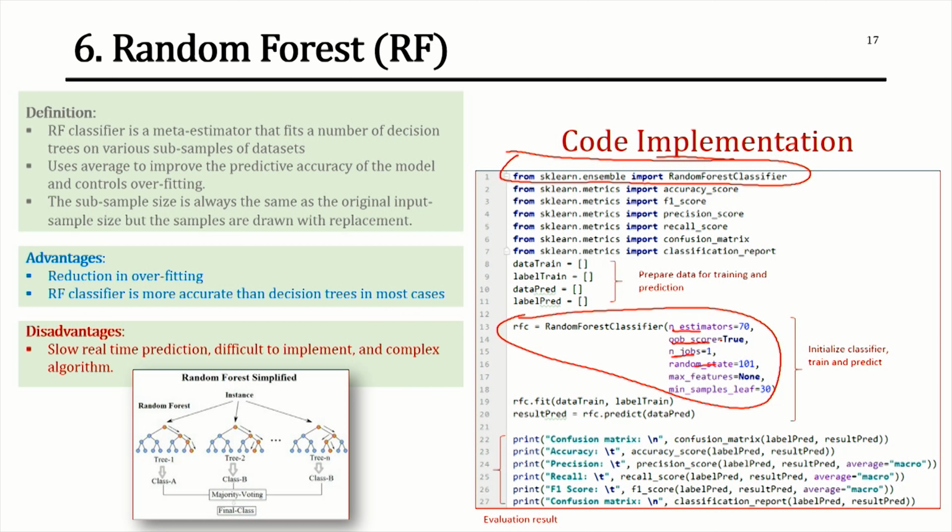So we need to specifically understand what each parameter means when we want to use random forest, because there are many possible variations of the parameters that can be used for random forest. And we have the fit function, predict, and the evaluation result.